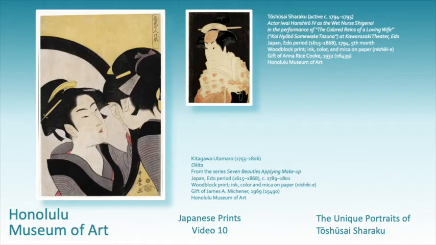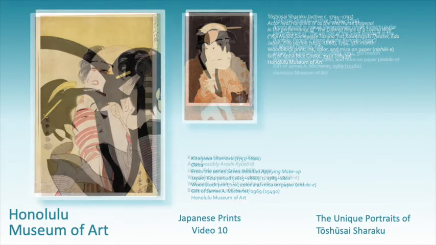Considering his collaboration with the publisher Tsutaya Juzaburo, his extensive work in the genre of okubie portraiture, and his elaborate use of mica, some art historians and collectors have associated Sharaku with Kitagawa Utamaro, the subject of our 8th video.